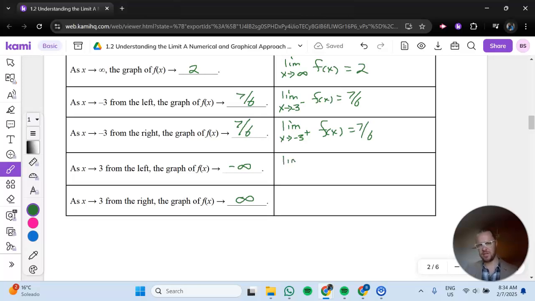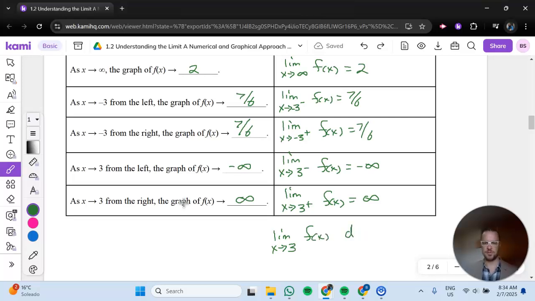So the way we write that out is the limit as x approaches 3 from the left of f of x is equal to negative infinity. And likewise, the limit as x approaches 3 from the right of f of x is going to approach infinity. Now, what does this mean? This also means that the limit as x approaches 3 from both left and right of f of x does not, well, let's put it in caps, DOES NOT EXIST because we get two different values, okay?